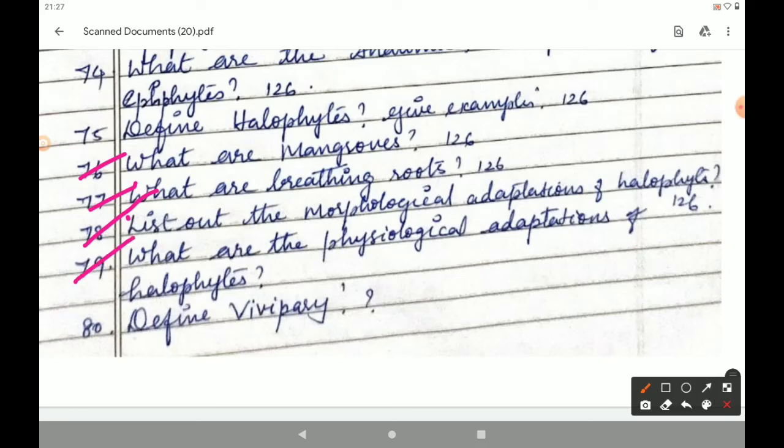The next question, 79th question. What are the physiological and anatomical adaptations of halophytes? Answer is given in page number 127.